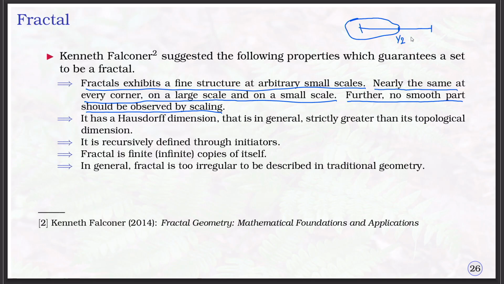So, this is the main difference between Euclidean self similarity and fractal self similarity.